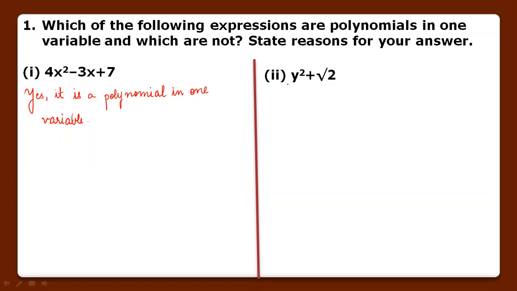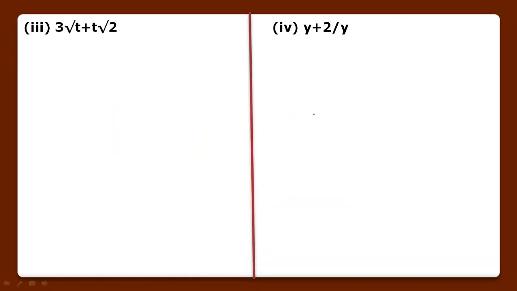Here also the polynomial is in one variable and the power of the variable is also a whole number. So we can write the same thing here. Yes, it is a polynomial in one variable.